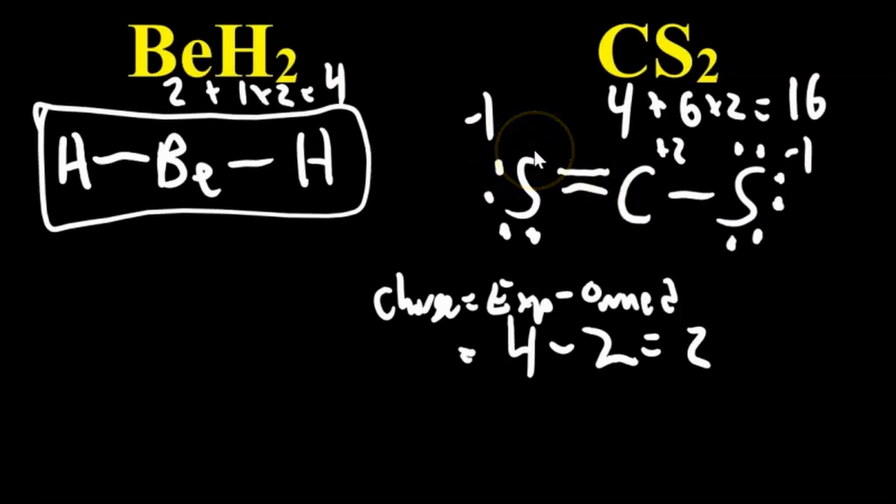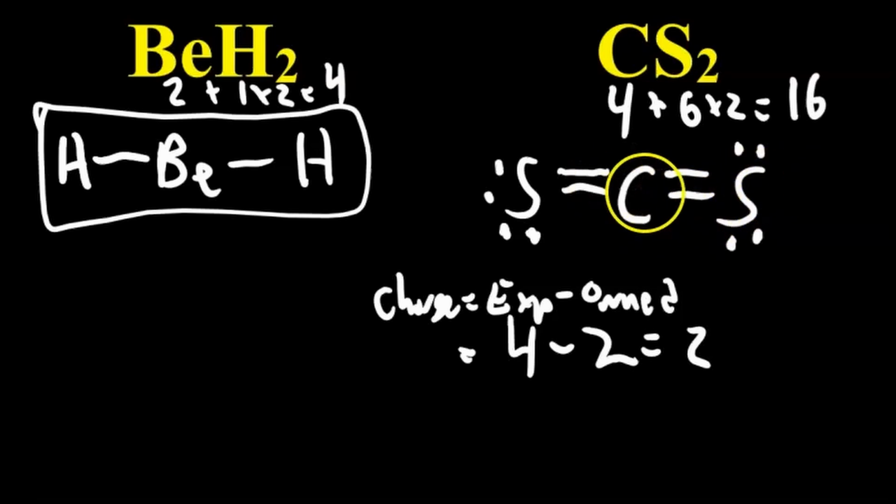I'll just delete these here. And at this point, carbon still doesn't have enough electrons to fulfill the octet rule. There's only 6 around this carbon, 2 electrons at each bond. So it needs 2 more electrons. It's going to grab them from this sulfur because this sulfur has an excess amount of electrons. It's negatively charged. So take away 2 of them here and make a double bond.